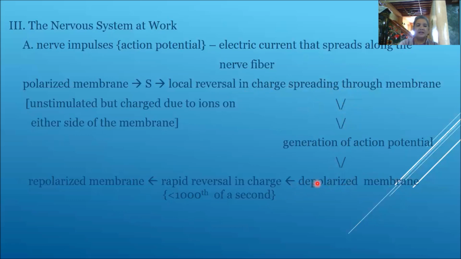But this depolarized membrane will not stay depolarized for long. There will be a rapid reversal in charge at about a thousandth of a second, so that the membrane will be repolarized again, and then it will go back to its polarized state.